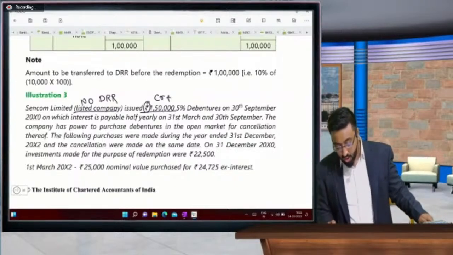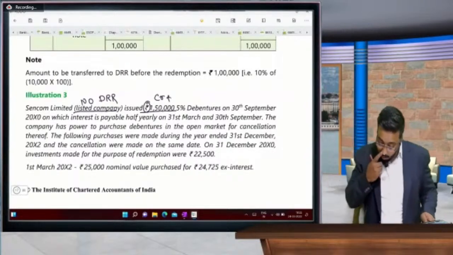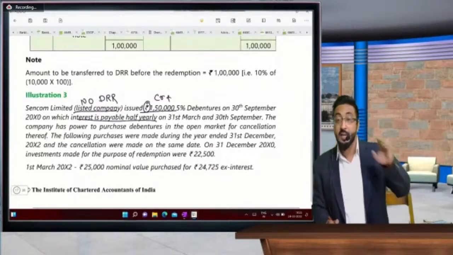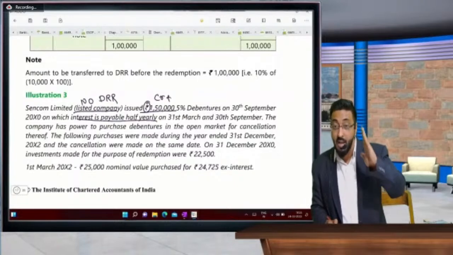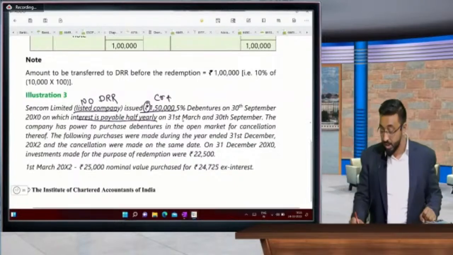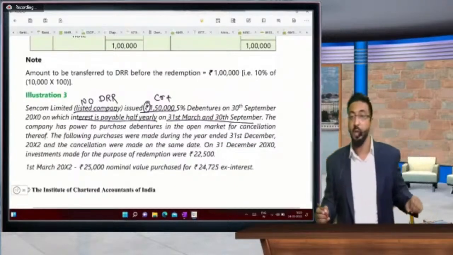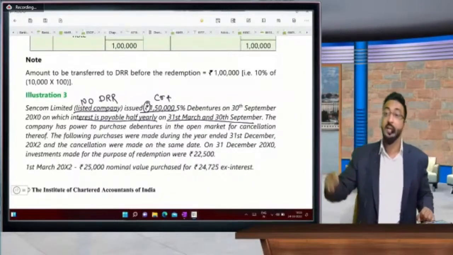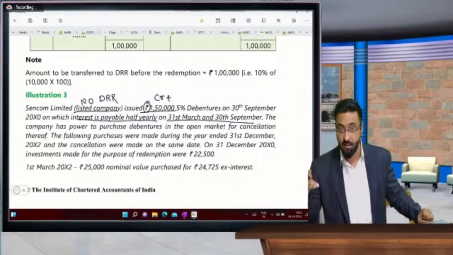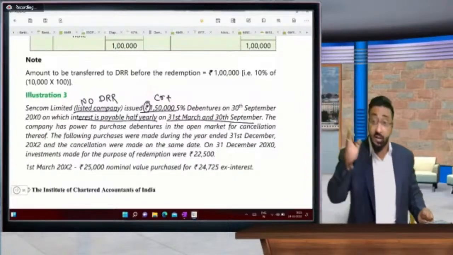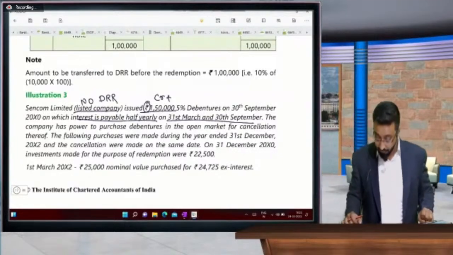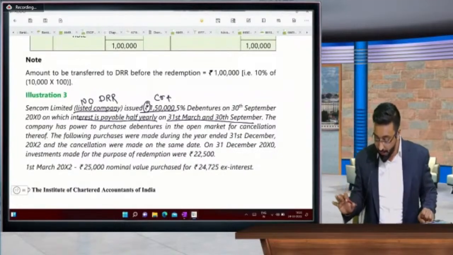5% debentures on 30th September 2000, on which interest is payable half yearly, 31st March and 30th September. So got this concept. Now see here, the balance sheet date we have to find out.